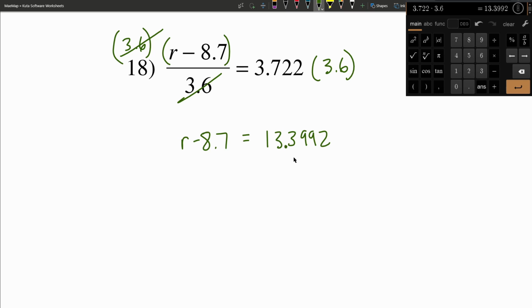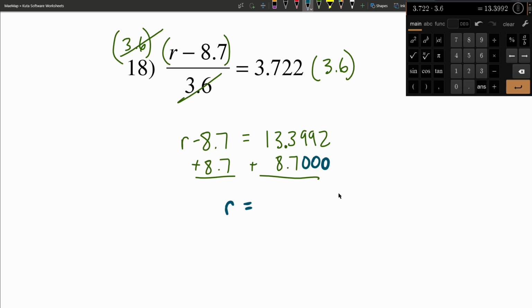Now our last step is just to add that 8.7 to both sides. Since it was subtracted from the r, that negative 8.7 plus 8.7 results in 0, and r plus or minus 0 is r. So we're going to get that r is equal to, let's do this addition out long ways.